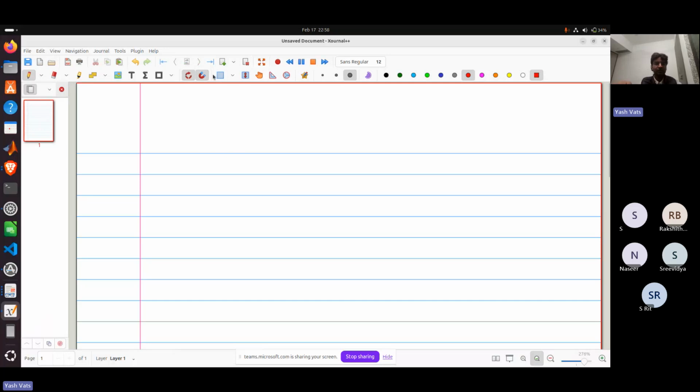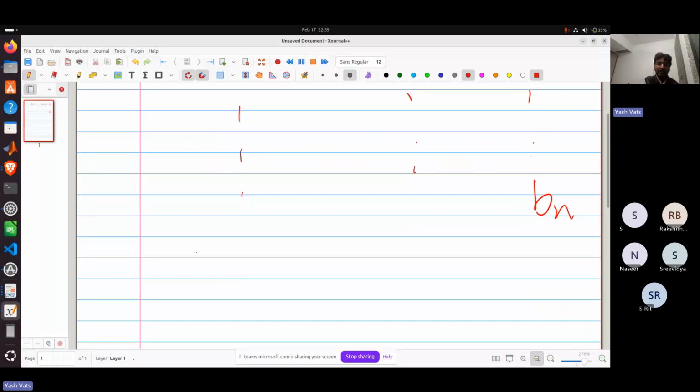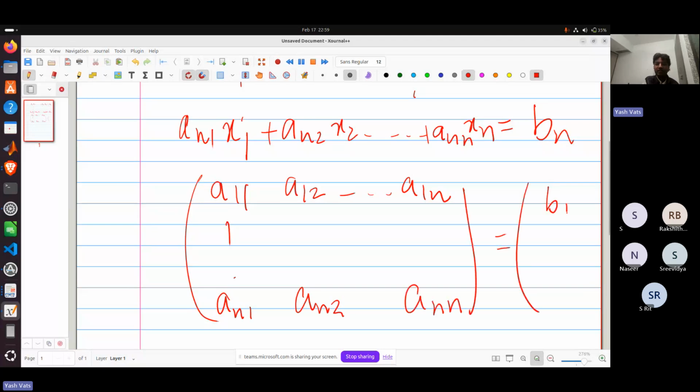If you have a11 x1 plus up to a1n xn equal to b1, and similarly up to bn, where the last equation is an1 x1 plus an2 x2 up to ann xn, then you can always write it as a matrix with entries a11, a12, a1n, and similarly an1, an2, ann.